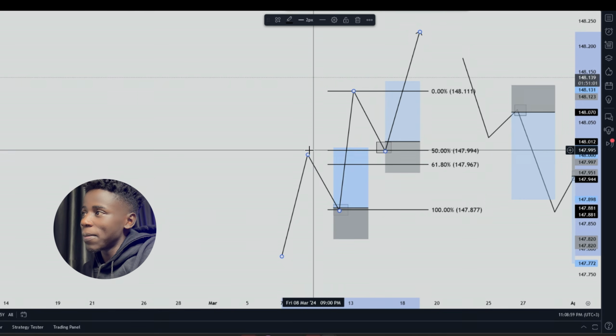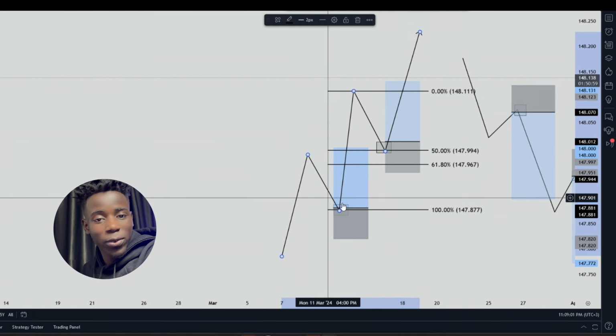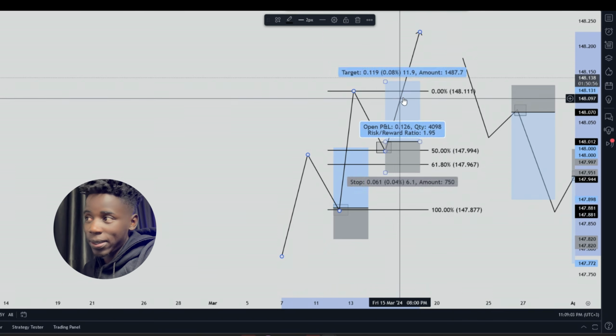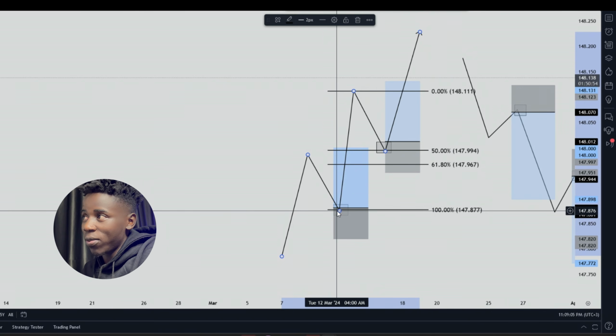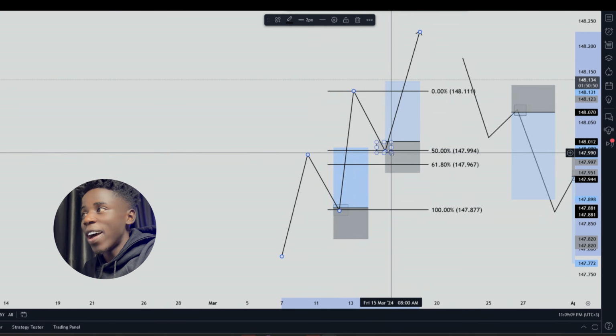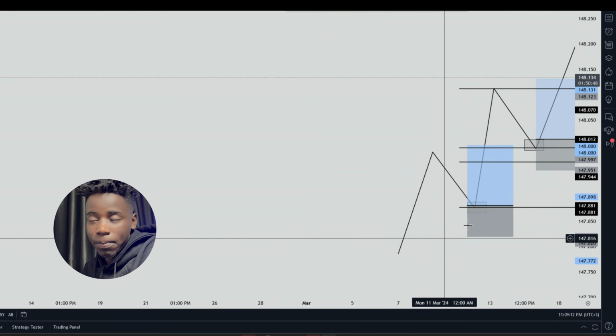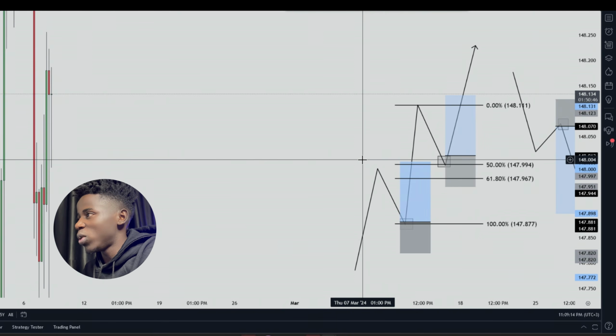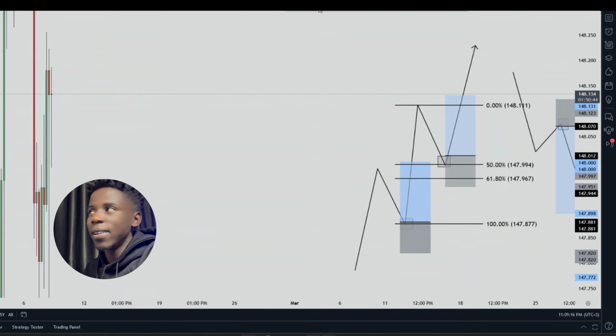So every time the market breaks the structure, we put our Fibonacci level from this point down here, which is the swing low, to the swing high, and wait for this retracement. Now, if you get this retracement, we don't just go in for buy. Let me show you.